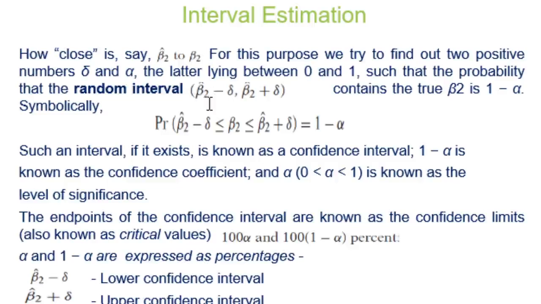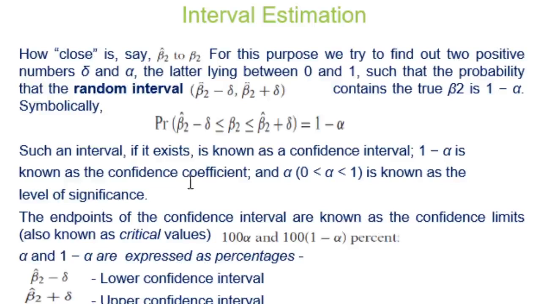The interval is beta 2 cap minus delta to beta 2 cap plus delta. Then the probability that the interval contains the true beta 2 can be written as the probability that beta 2 cap minus delta is less than or equal to beta 2, which is less than or equal to beta 2 cap plus delta, and that will be equal to 1 minus alpha.